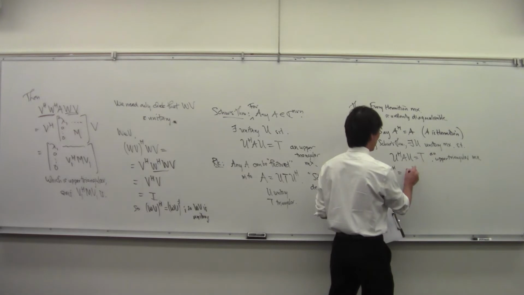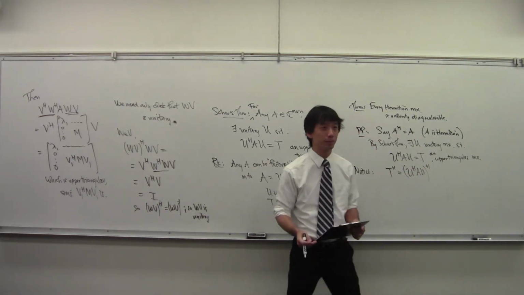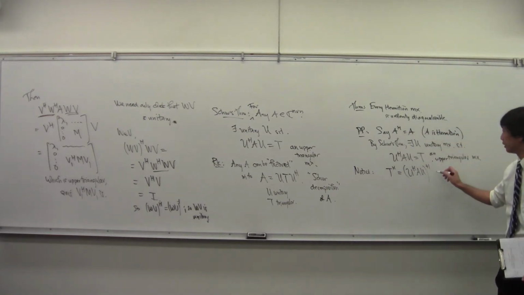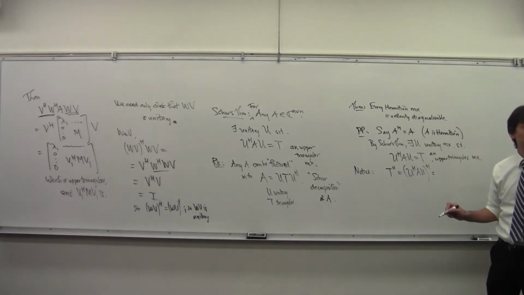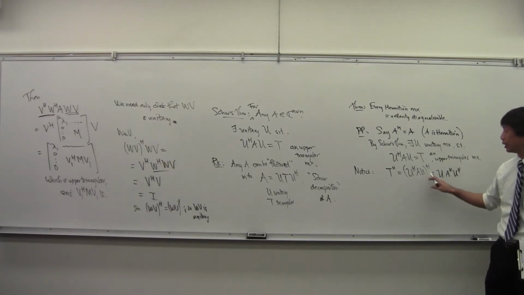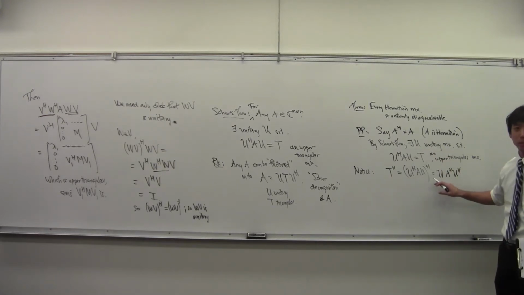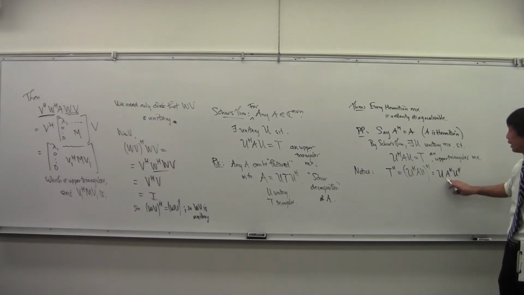Well, that would be U H A U, all conjugate transposed, right? It'll be U H H, but the two H's cancel each other off. The conjugate transpose of a conjugate transpose is just your original matrix.